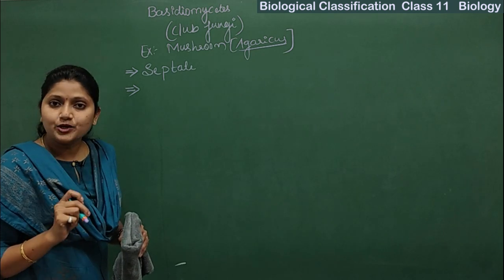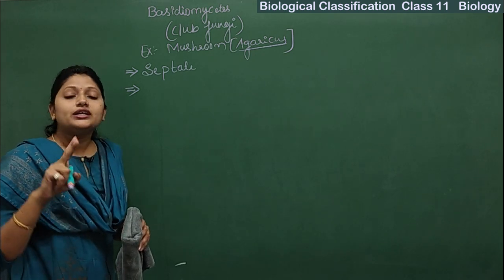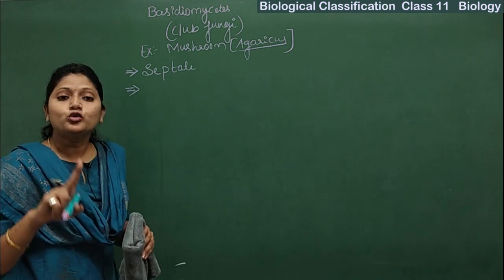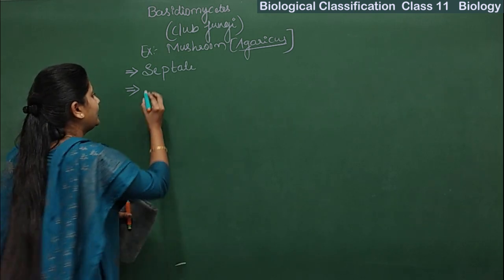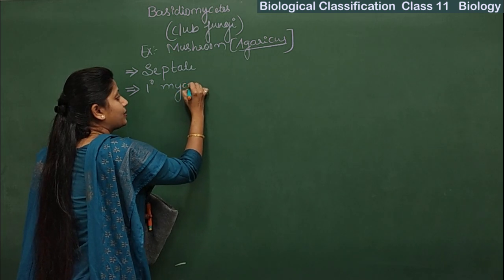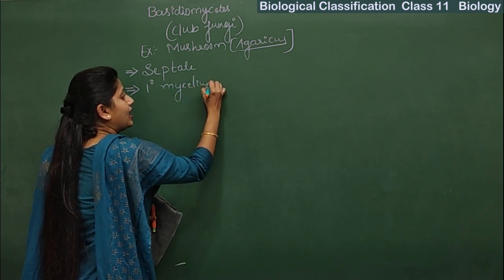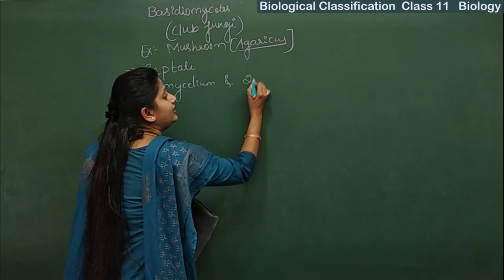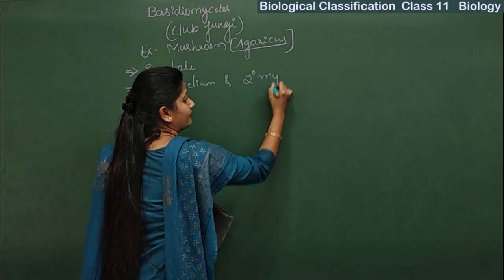In Basidiomycetes, we see two types of mycelium, that is primary mycelium and secondary mycelium.